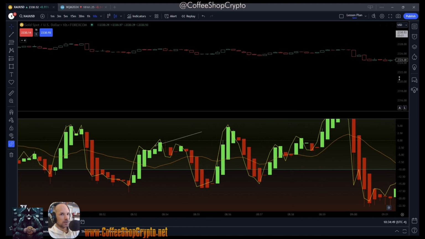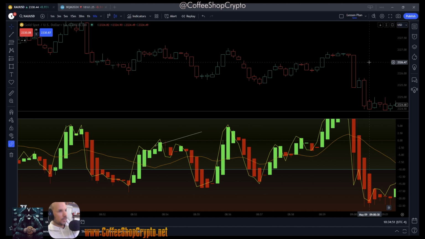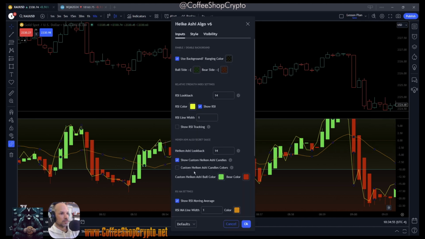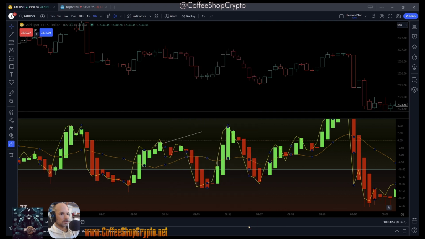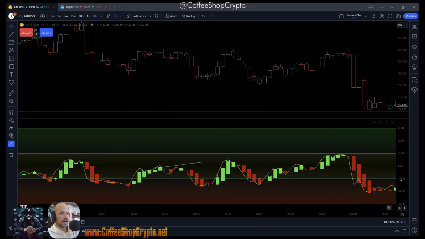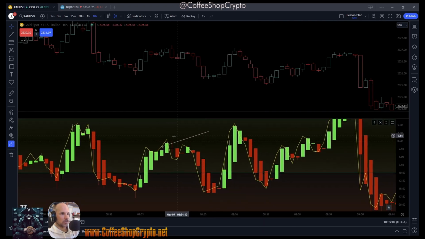Now, you've got to be quick with this one. You don't need to see the moving average. This is really about the RSI and how it relates to the algo itself. Now, the way it works is like this, in a very simplified form. The RSI should always be moving faster than the candle every single time.